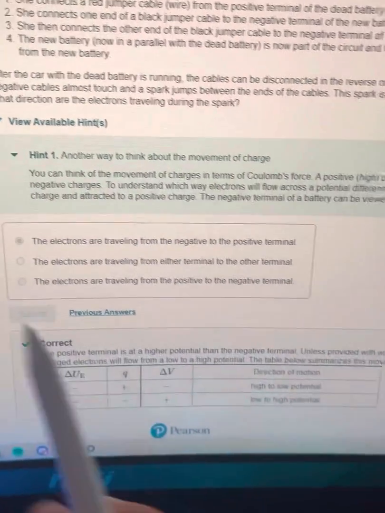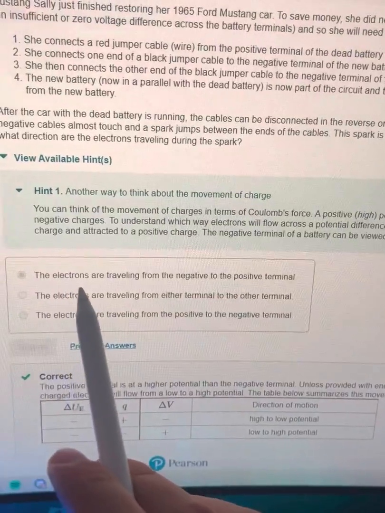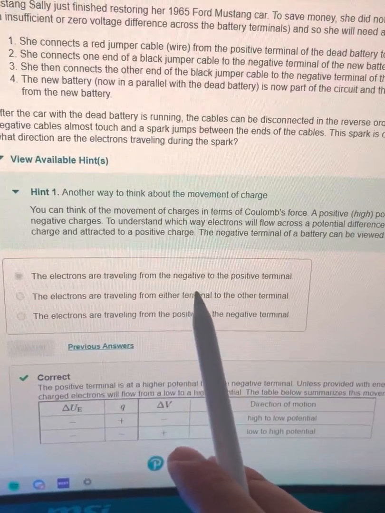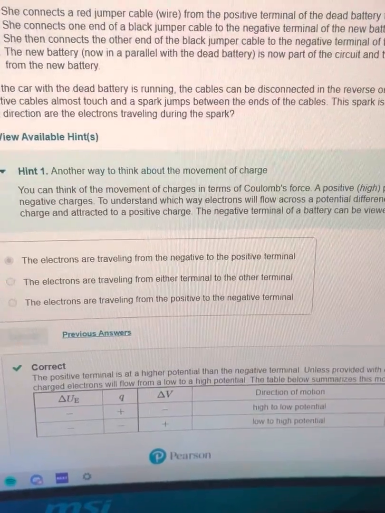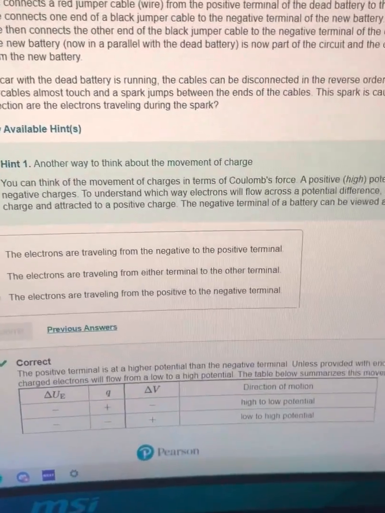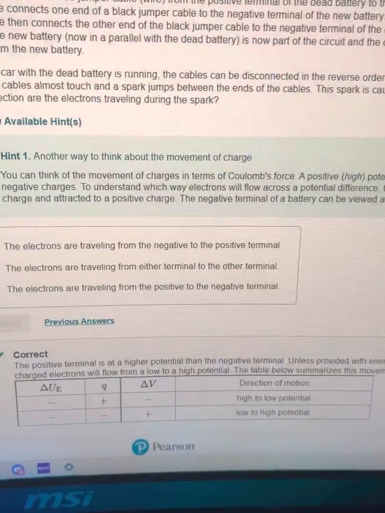So this would be the correct answer: the electrons are traveling from the negative to the positive terminal. Since electrons, like I mentioned, are negatively charged, they will travel from the negative end of the battery towards the positive one.